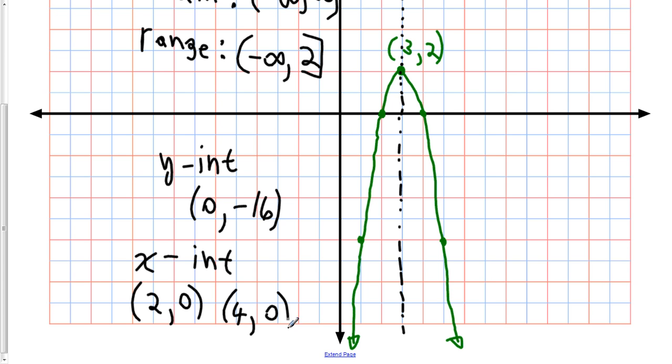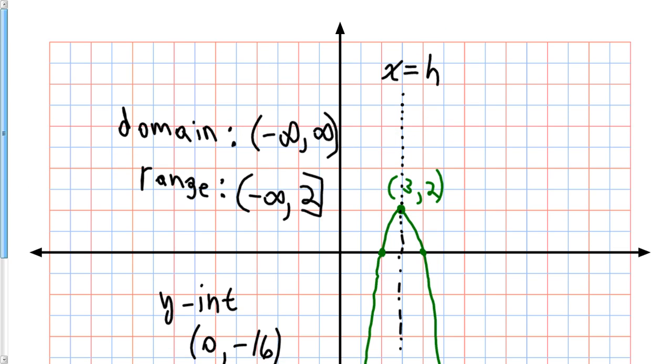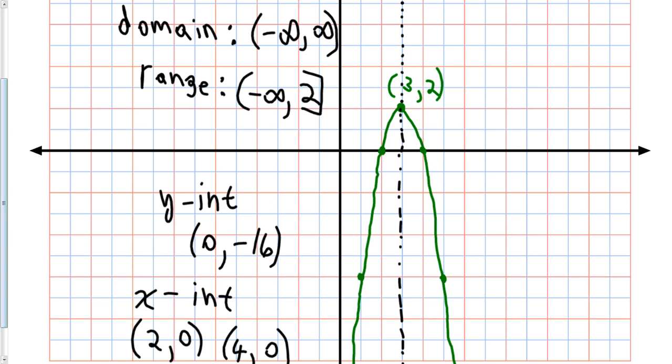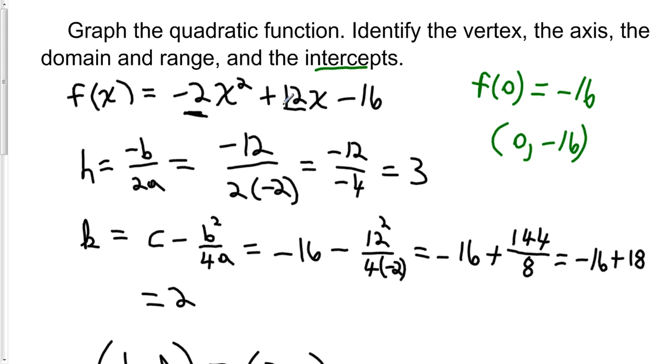Now, if we didn't have such a nice graph and we couldn't tell what the intercepts were, we could always just use the quadratic formula to find the intercepts. We could take this original function and just apply the quadratic formula to it.